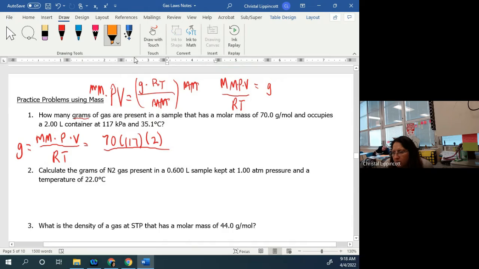This is in kilopascals, so I have to use the R value associated with kilopascals, which is 8.314, easy as pie. Times the temperature: 35.1 plus 273. That gives me 308.1. Then I just plug and chug into my calculator.